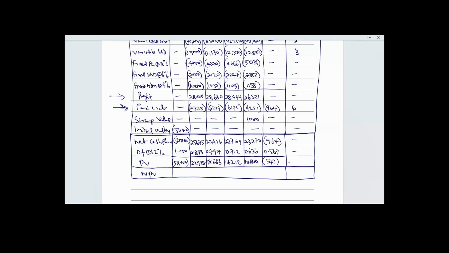16,212. So what you are going to do is to add up the positive present values first.